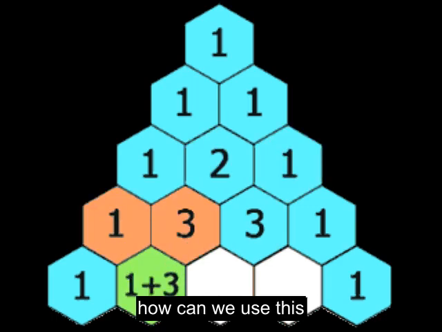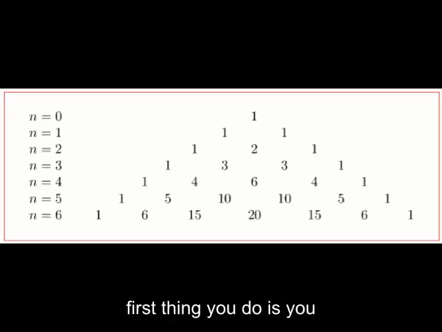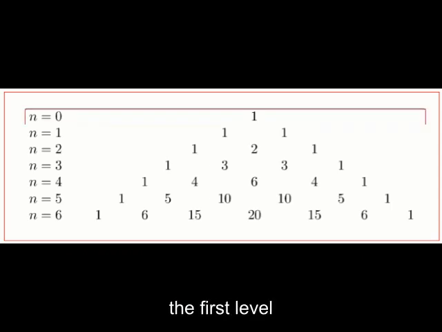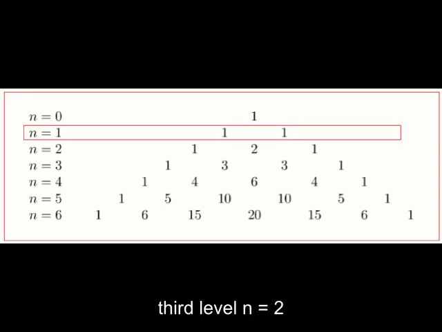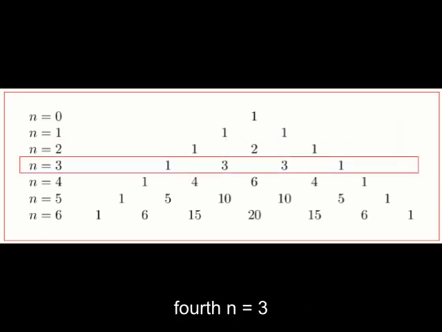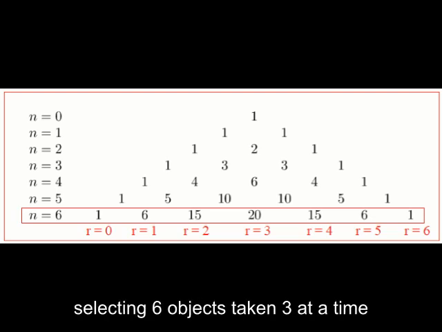And so, how can we use this to find combination values? First thing you do is find n, right? To find n, the first level of Pascal's triangle is n equals 0. Second level, n equals 1. Third level, n equals 2. Fourth, 3, and so on. So that's how we locate n. In locating r, go from left to right. For example, you want to find the number of ways of selecting 6 objects taken 3 at a time.